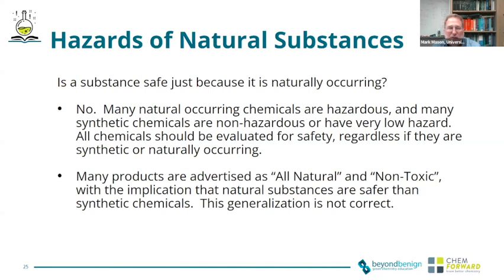So the upshot for students is, is something safe just because it's natural? And of course, the answer is no. Regardless if something is synthetic or naturally occurring, it's better to base ingredients and formulations on real hazard data to pick safer chemicals.